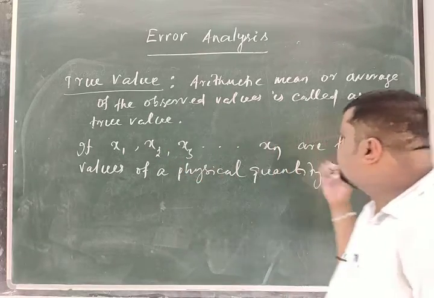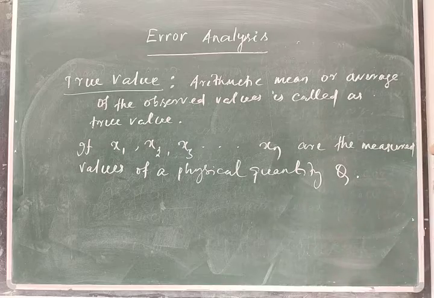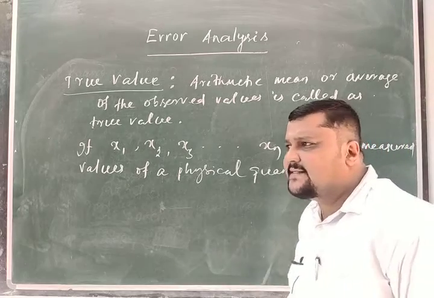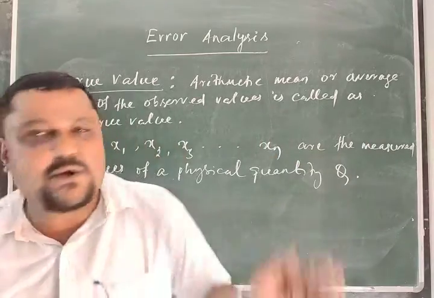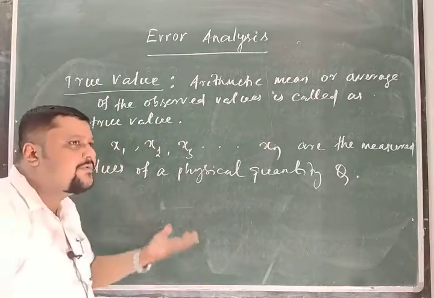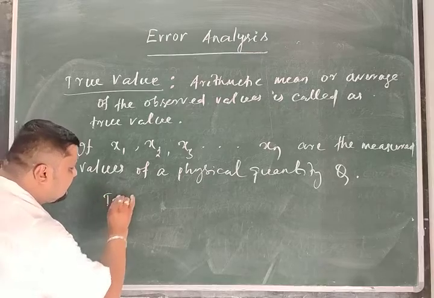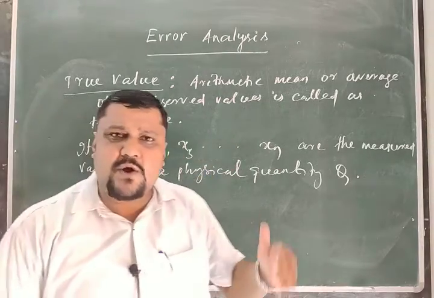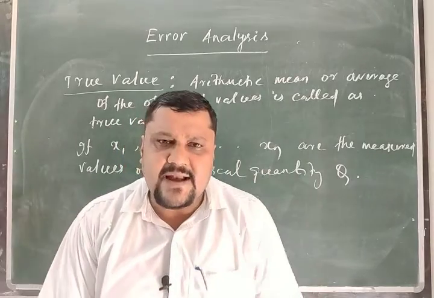These are the observed values of a physical quantity q, where the physical quantity is length. Then its true value: I want one value from these measured values, because I will not put every value in the final calculation.